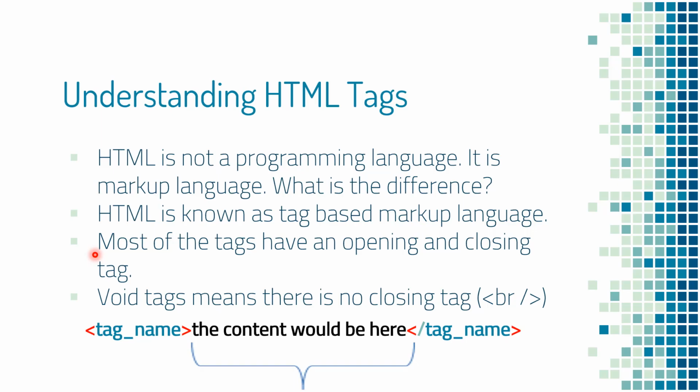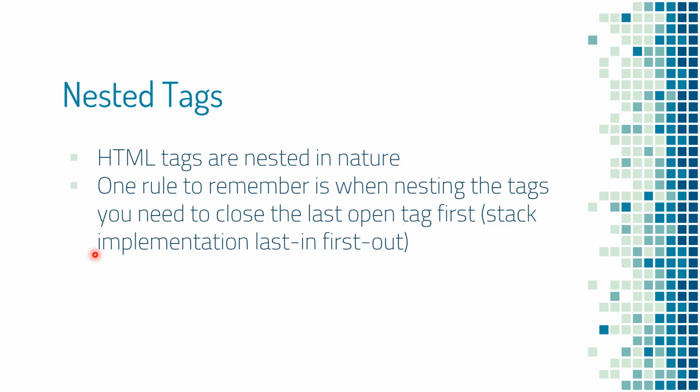In other words, nesting tags in HTML uses the implementation of a stack, last in, first out. The last tag you write, the first closing tag you should write next. Okay?